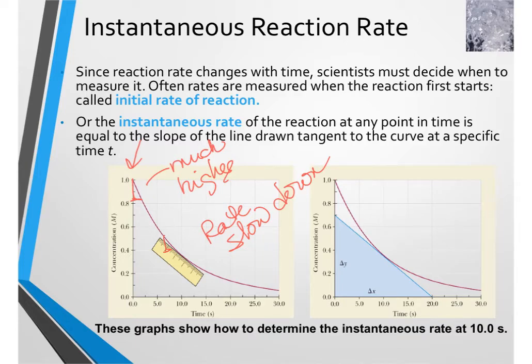Because let's say we start with 10 reactants. Okay, and they react with each other. They bump in order to react, things have to collide, so they react with each other to form 5 products, right? So 10 reactants react.